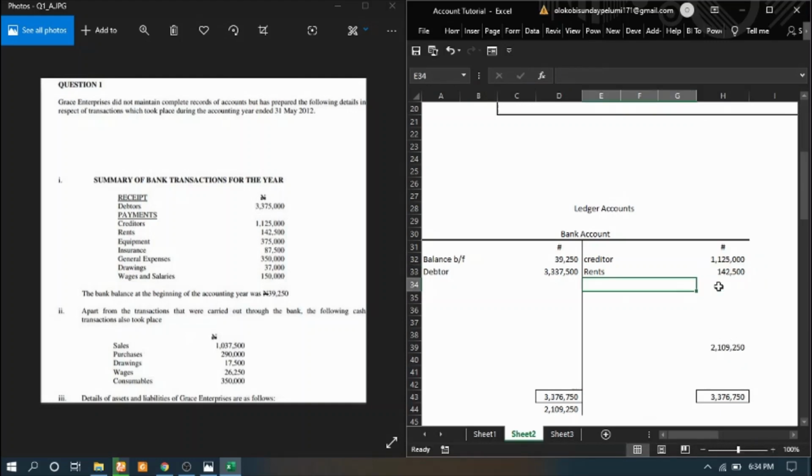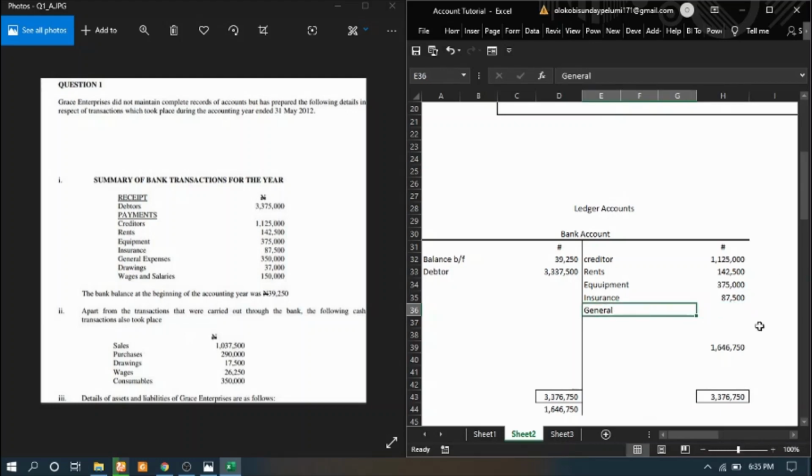So we have equipment bought during the period as a non-current asset. That is 375,000. So we have insurance paid for during the period. So that is 87,500.